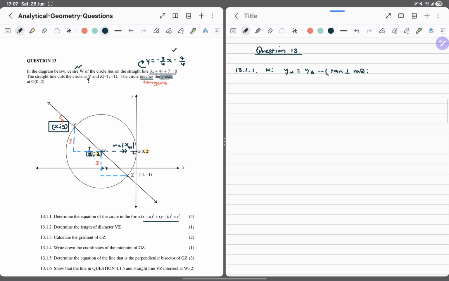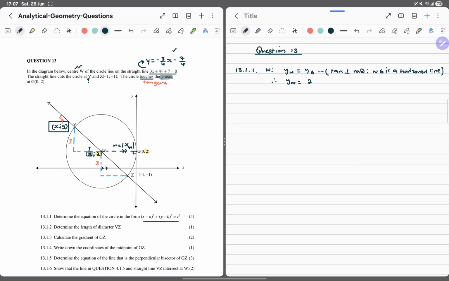Okay, such that WG is a horizontal line. Now, on a horizontal line, we know that the y value is the same. So what does this mean? It simply means that y at W is 2.